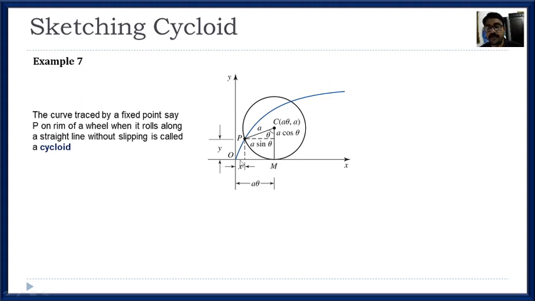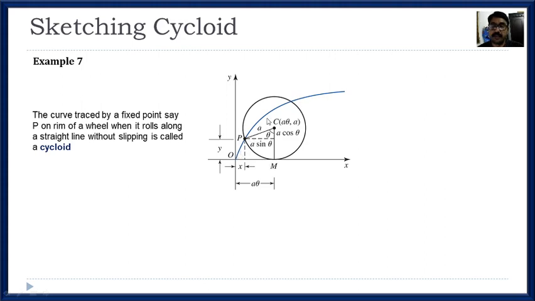When it rolls on this line, the path traced by the fixed point on the circle is called a cycloid.